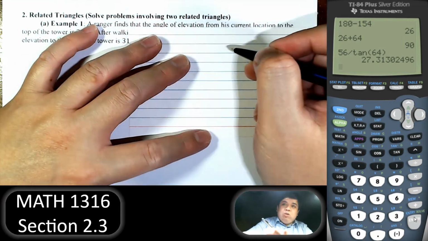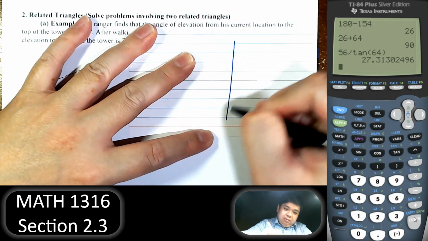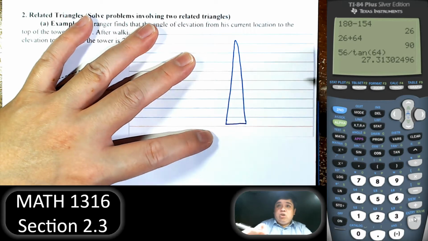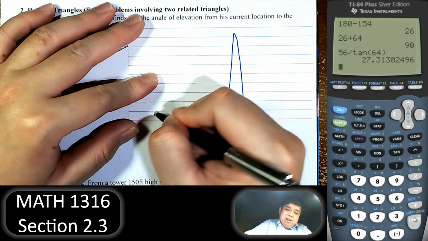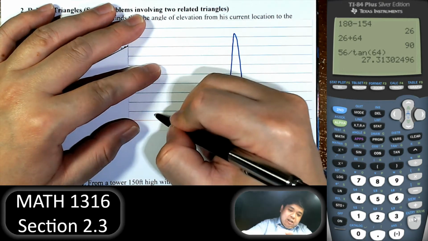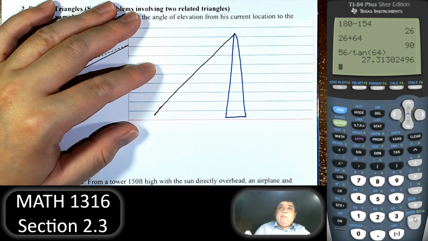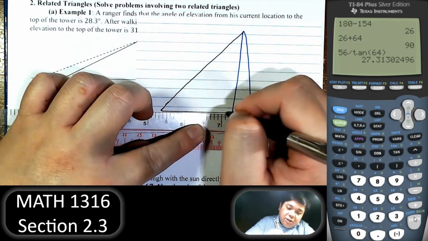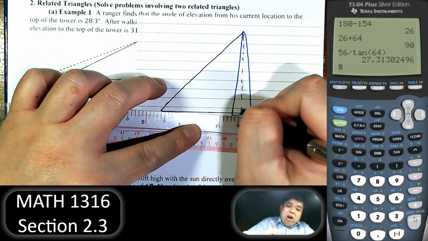Let's say we're trying to find the height of the tower, or the height of a mountain, the height of a tree. And we stand here looking at it. If we can walk all the way to the base of the tower, we just need one triangle.